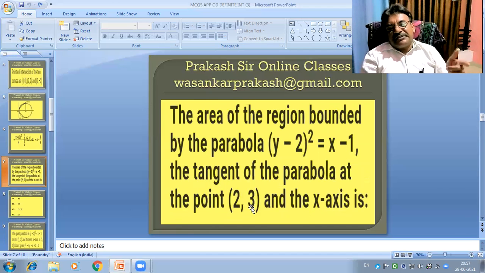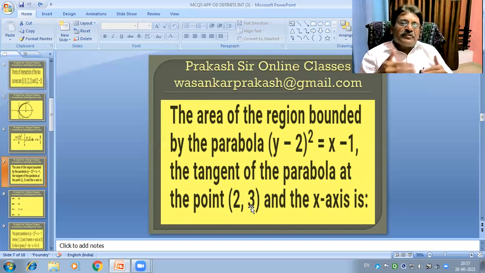First we find the slope of the tangent to the parabola, and then we use the formula. We know that the line passing through the point (x1, y1) having slope m is y - y1 = m(x - x1). We use this standard result to find the equation of the tangent at the point (2, 3).